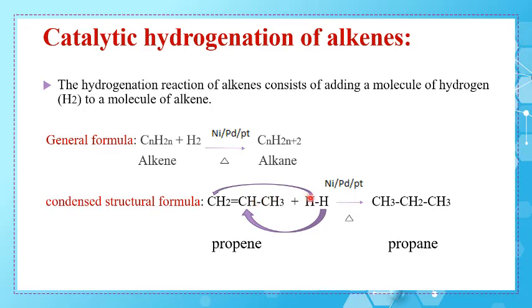So we must add H on the first carbon atom and the second H on the second carbon atom, and we must break the double covalent bond to become a single covalent bond, and the product becomes CH3-CH2-CH3. So the propene becomes propane. And remember that we must use the catalyst.